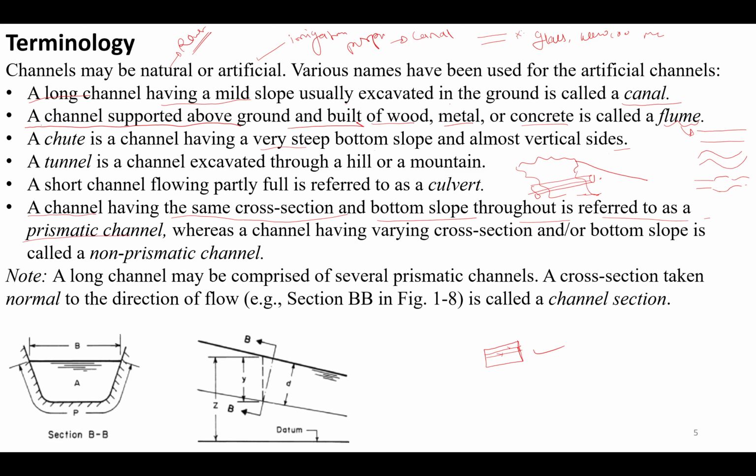Remember, we have addressed two things: the same cross section and the same bottom slope. We are talking about the cross-section shape, and the bottom slope, also theta. Two things are very important for a prismatic channel.